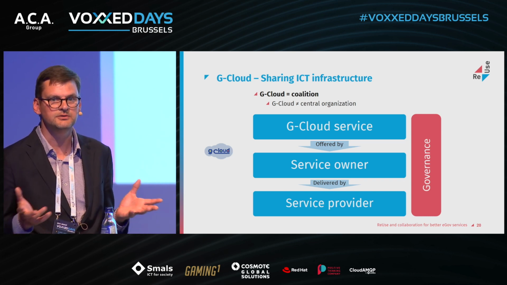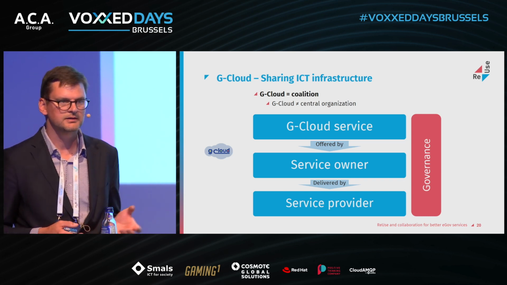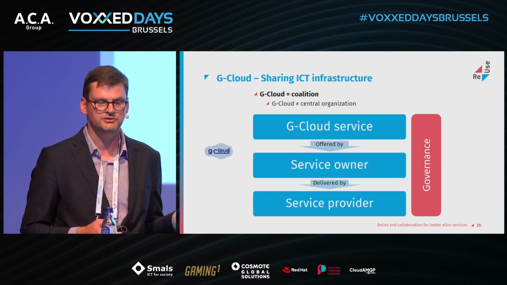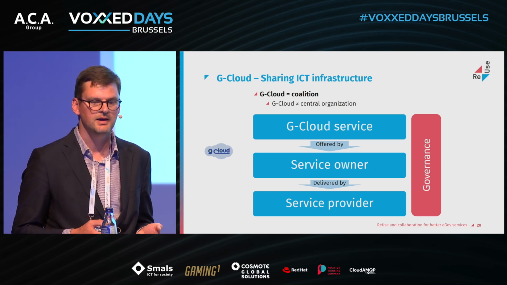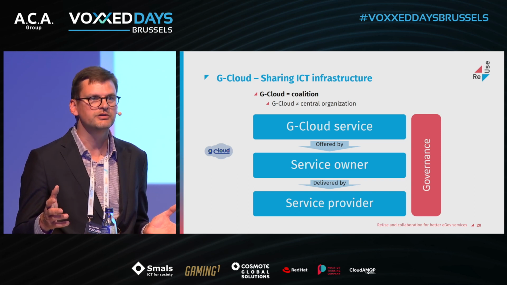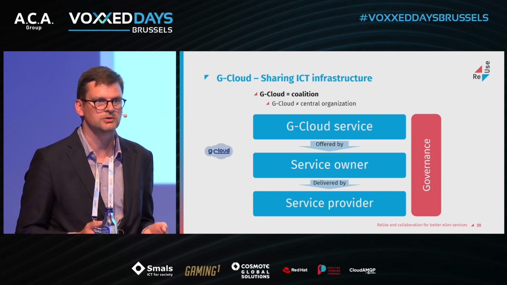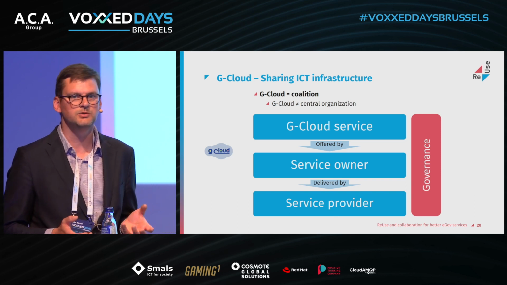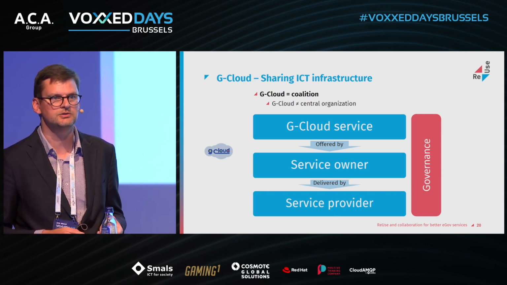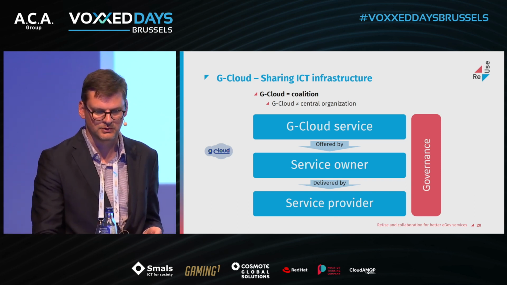So it's not a central organization. Each of these services has service owners and service providers, and we have strong governance to provide quality. All these services are nowadays used by the different public institutions on several levels.